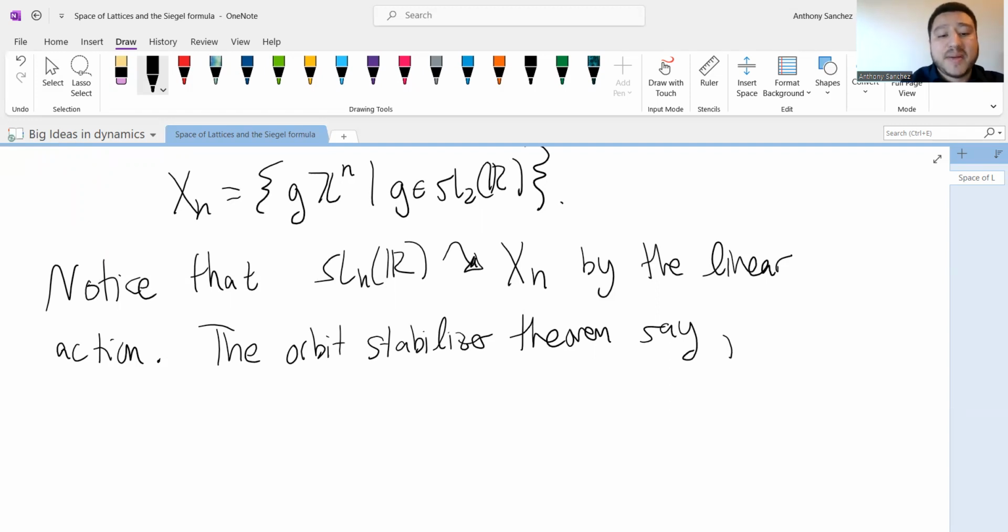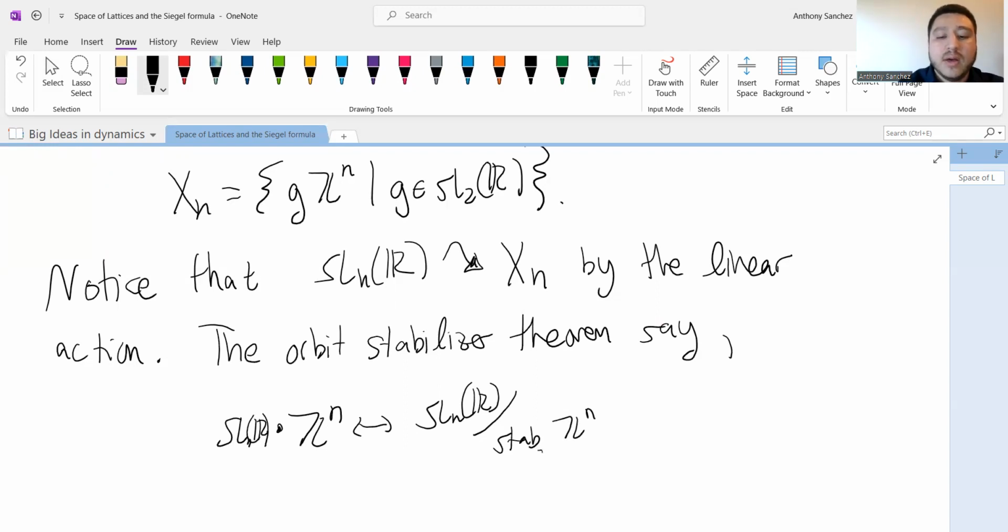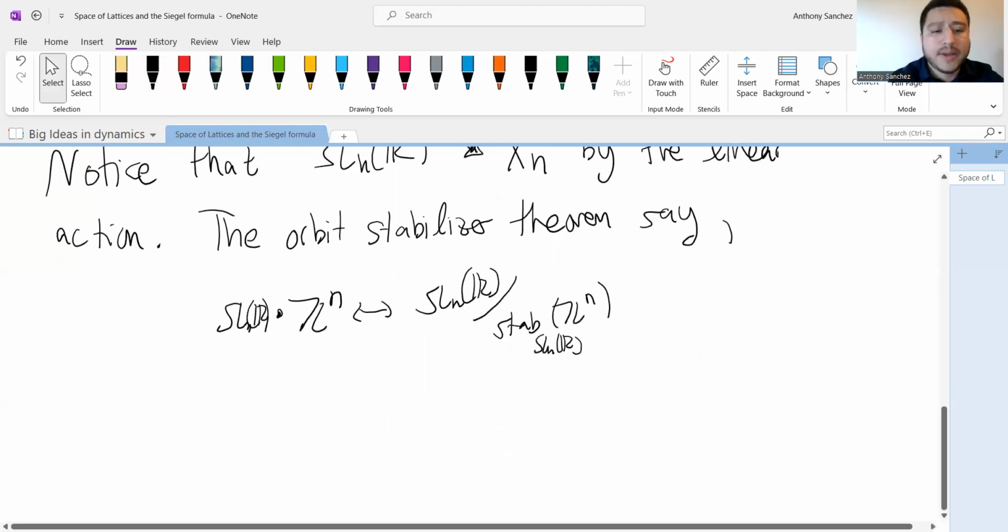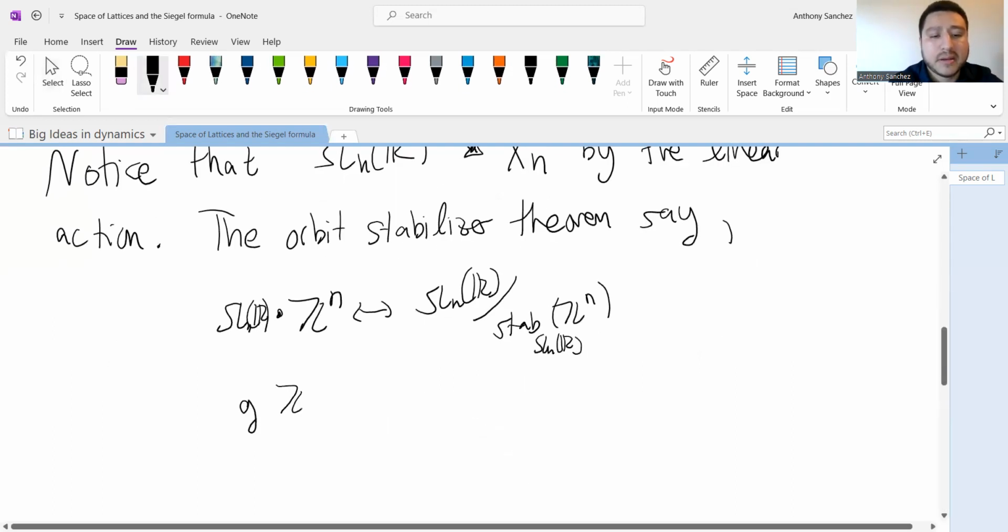If I grab a point in the space, let's take, for example, Z^n, and then I push it by all of SL_n(R), this is in bijective correspondence with SL_n(R), the group, mod the stabilizer of the point that I'm choosing, in this case Z^n, inside of SL_n(R), namely the set of elements that preserve Z^n. And the map here is just I grab a lattice and then I take it to this coset given by the stabilizer.